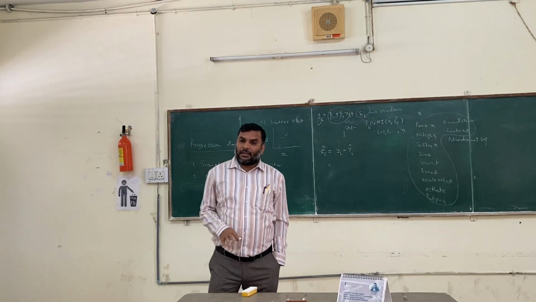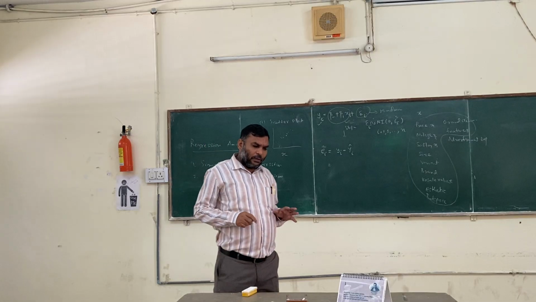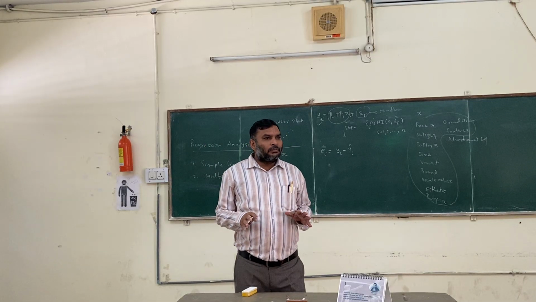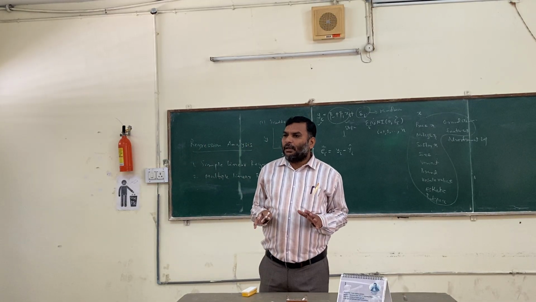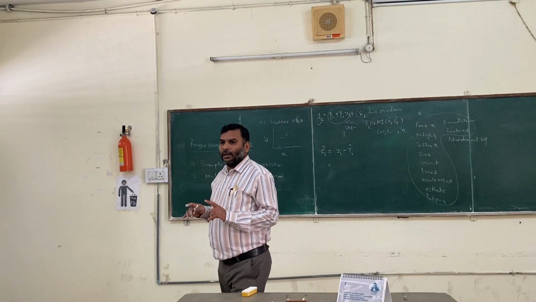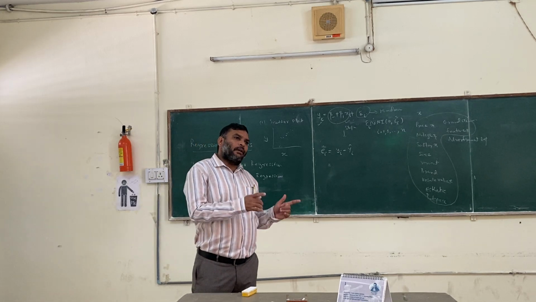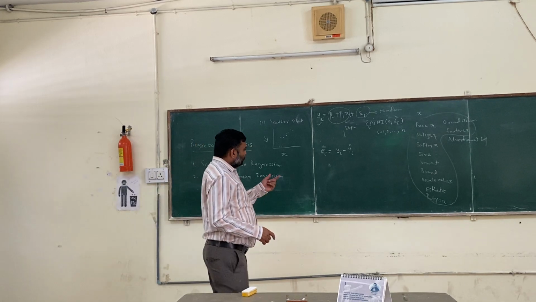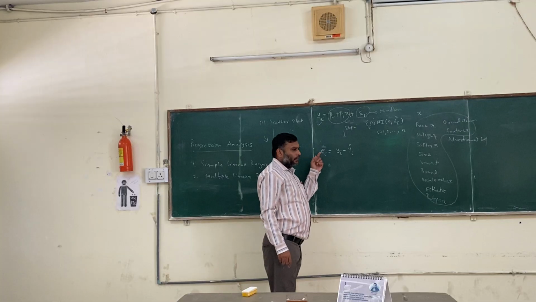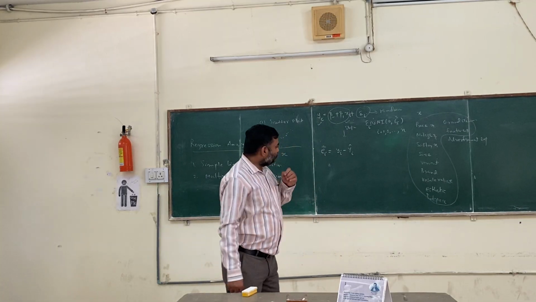Then you verify the assumptions on the residual. So many times when you are developing models, your y does not follow normality, don't worry, because the assumption is not on y, it is on epsilon. And epsilon is unknown, so you have to find the estimate of epsilon, called the residual, and then verify the assumption whether the model is adequate for the data or not.